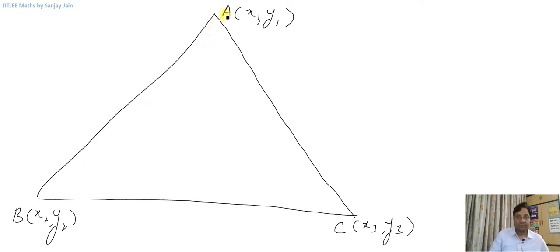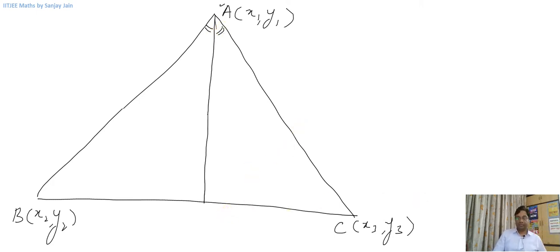So I have given these vertices A, B and C and the coordinates x1, y1, x2, y2 and x3, y3, right? I know that the incenter lies on the angular bisector, so let me draw the angular bisector passing through this vertex A. So this angle is equal to this angle.